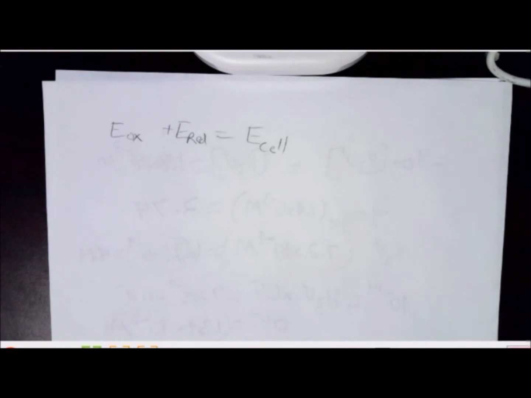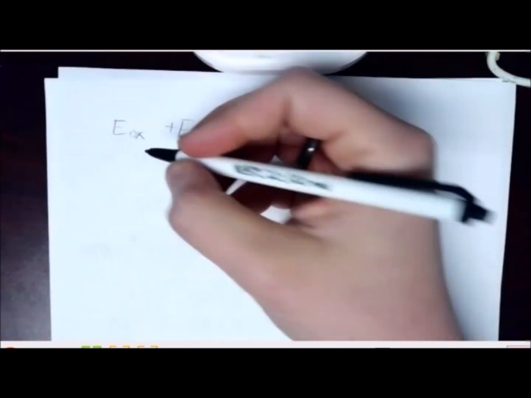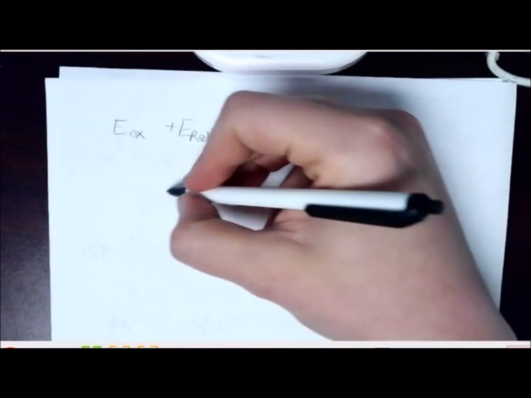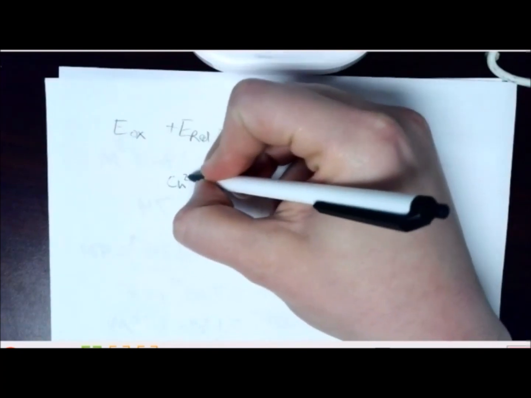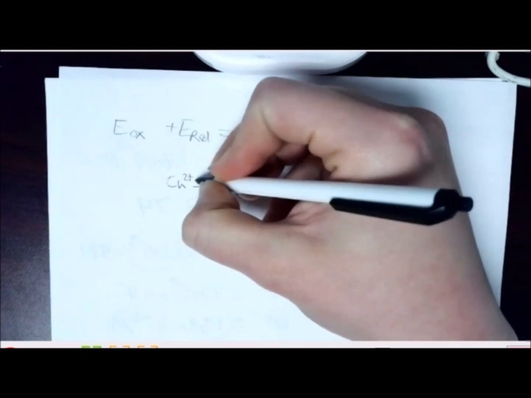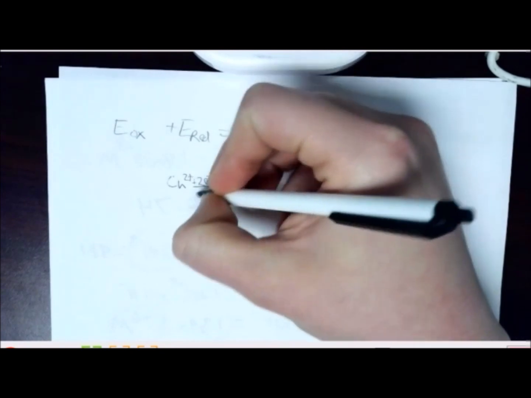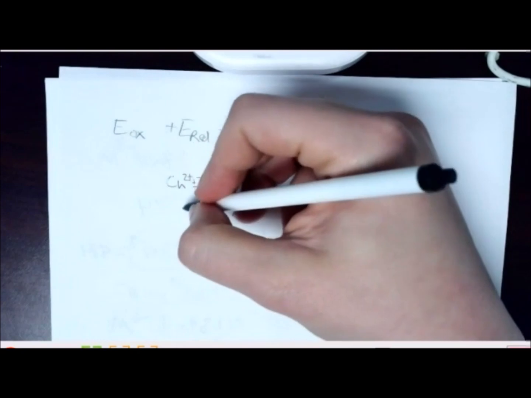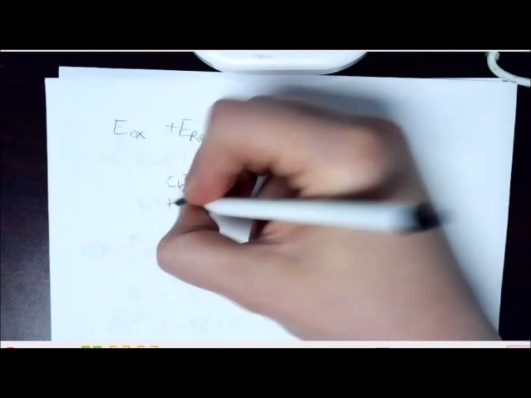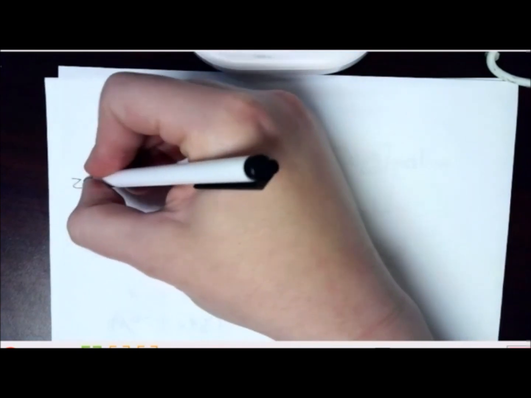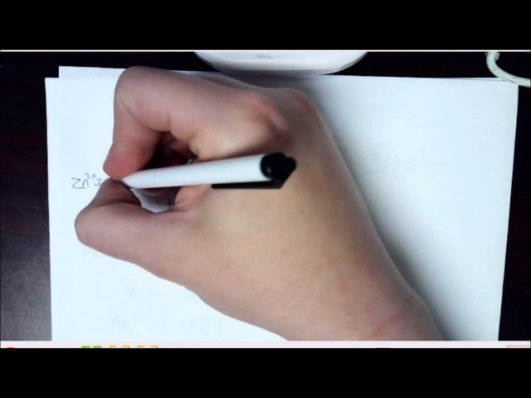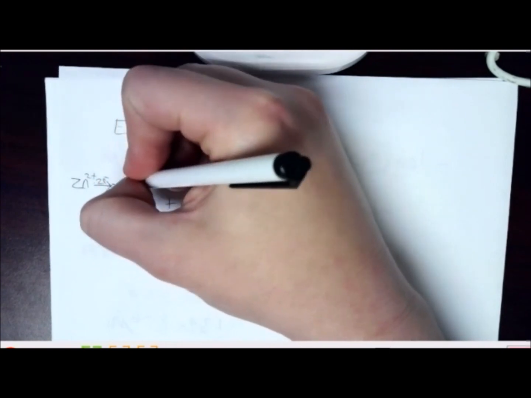Looking at the Daniell cell, for the reduction potential, we have copper 2 plus goes to copper solid, and we add 2 electrons. And the voltage for that is 0.34. The zinc was zinc 2 plus, 2 electrons goes to zinc solid.